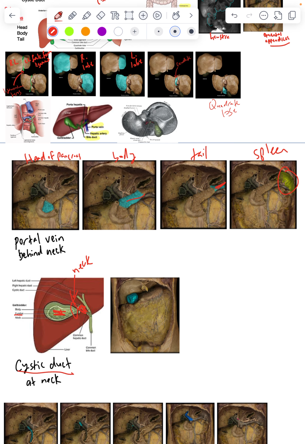So your cystic duct connects from the gallbladder to the hepatic duct from your liver. It's called a common hepatic duct because there's a right and a left. We just have to know it's a hepatic duct or common hepatic duct. So cystic plus common hepatic equals common bile duct.